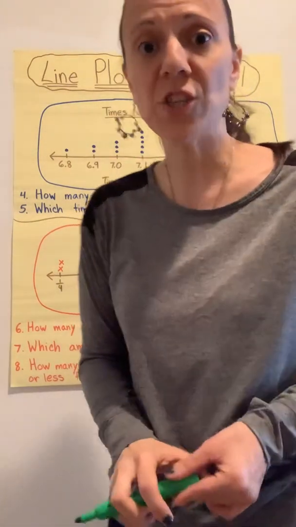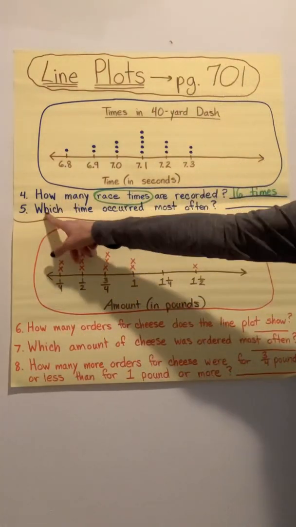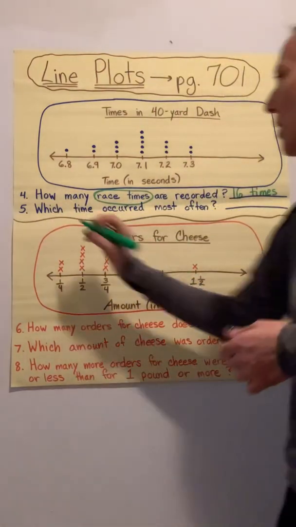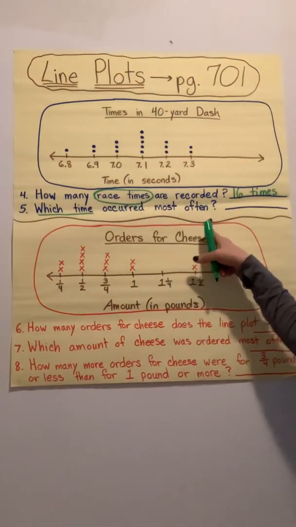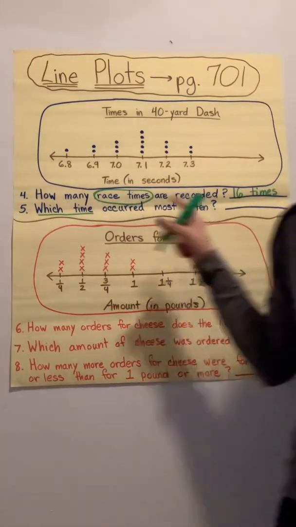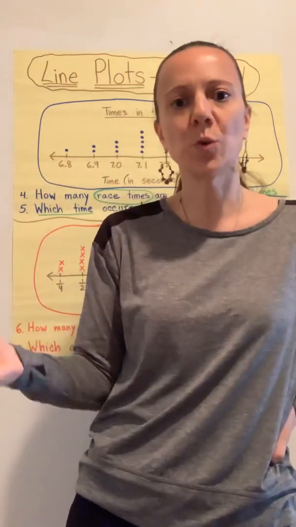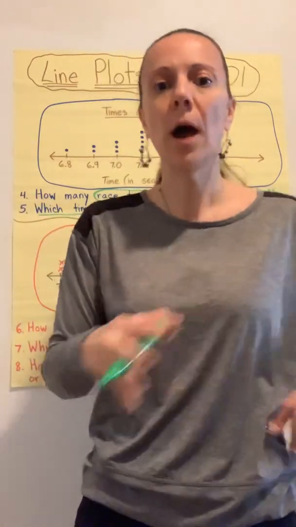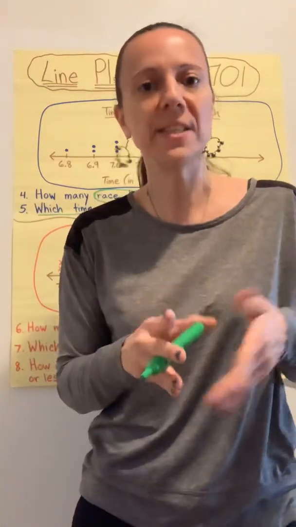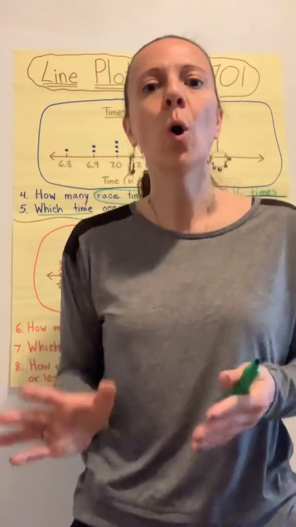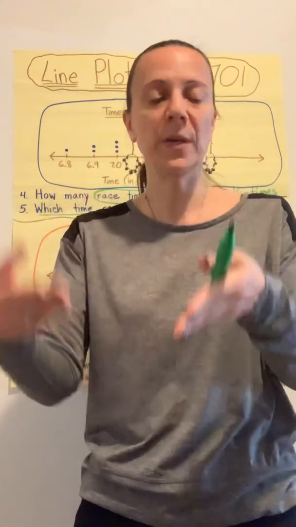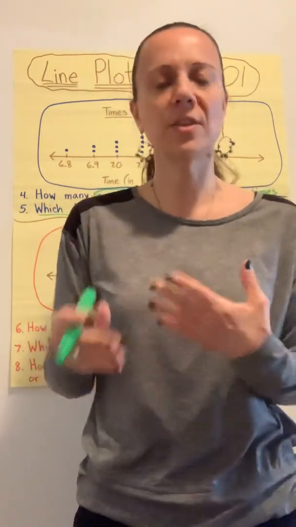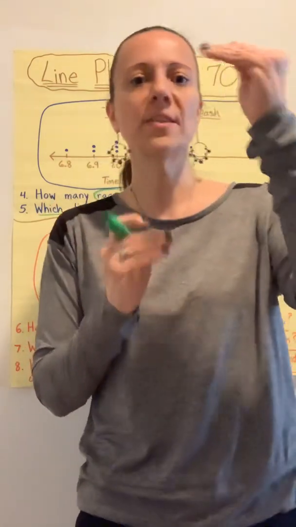The next question is different. The next question asks me, which time occurred most often? Okay. So now I'm not asking how many times were this, how many times were that, how many people did this, how many people did that. I'm asking which time was most often, was most common, did the most people get? So I need to look just like a bar graph at the tallest one.